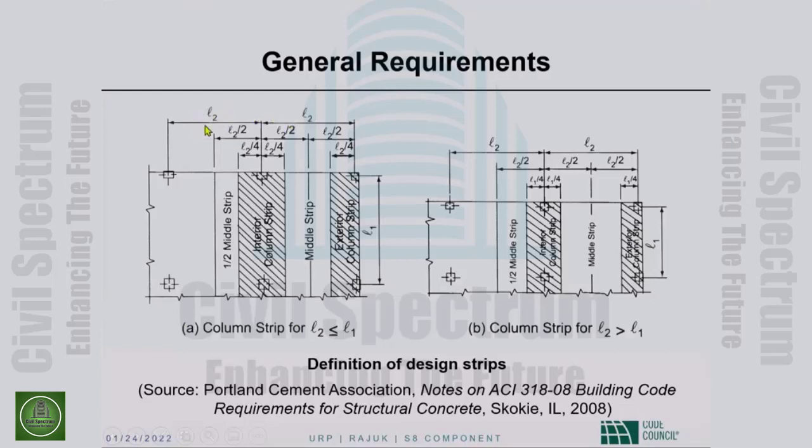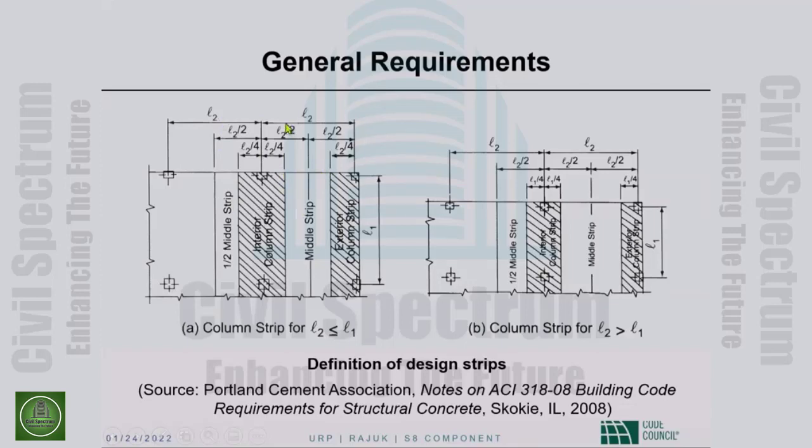This is L sub 2, that is L sub 2. So this is also L sub 2 over 4 for a column strip width of L sub 2 over 2. Okay? And whatever is left over is the middle strip. Here, the half column strip is L sub 2 over 4. The half column strip here is L sub 2 over 4. So the remaining L sub 2 over 2 is the middle strip. I think you get the idea.